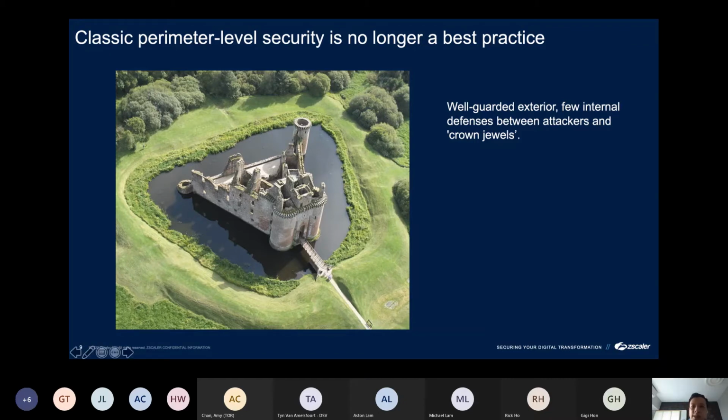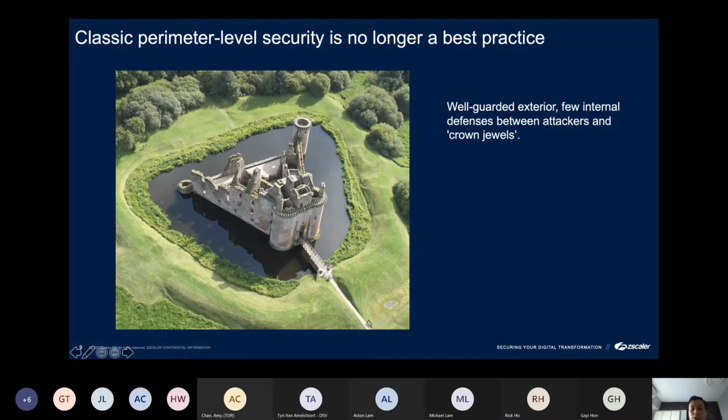First, it is very, very good for protecting against attacks from the exterior, which means you're building all the walls and rivers to protect your users and resources sitting internally. But remember, if you are doing or planning for digital transformation, your data will not always stay within the castle, and your users nowadays are supported to work from outside.